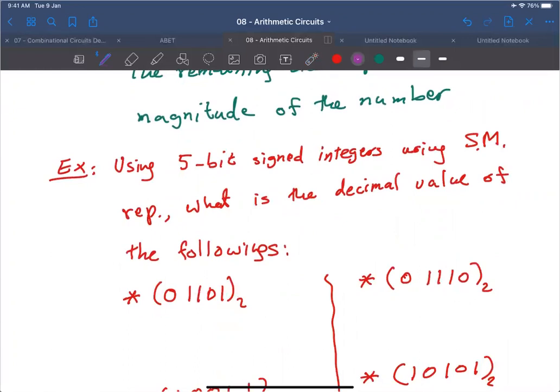Positive 13. Yes, it's plus 13 because this is positive. Its value is just the conversion of this number to decimal, and you put a positive sign. And this number again is positive, so I can do this for you. It's positive 14.